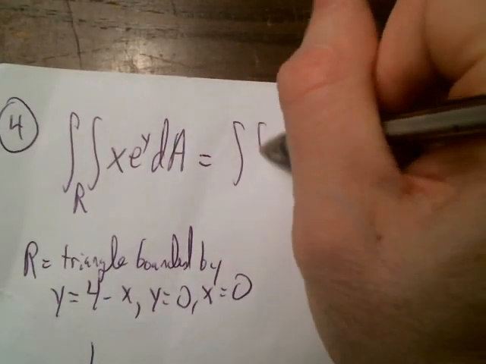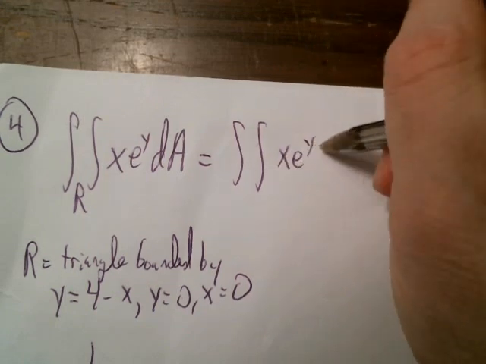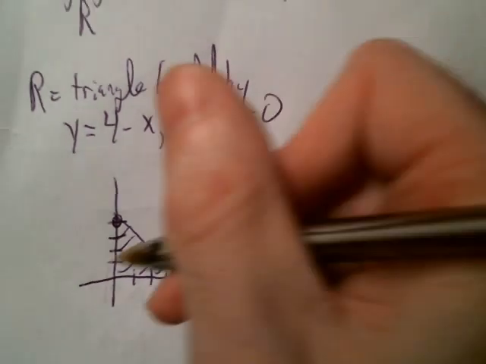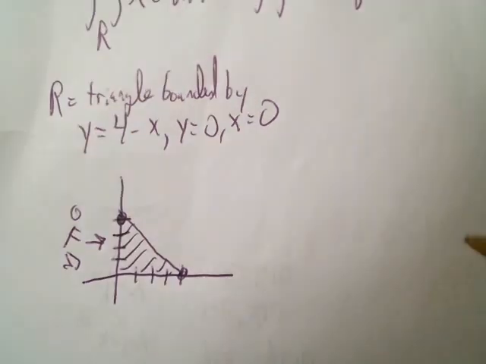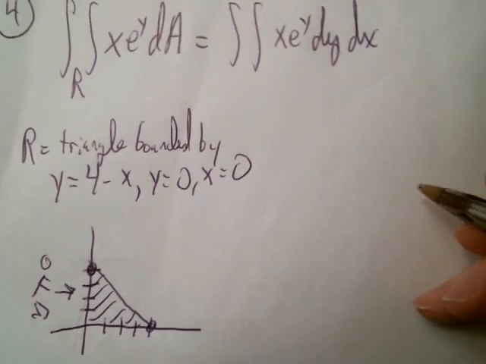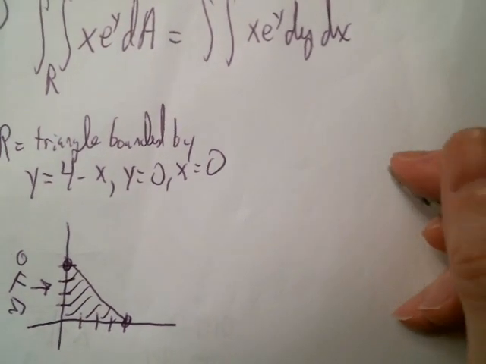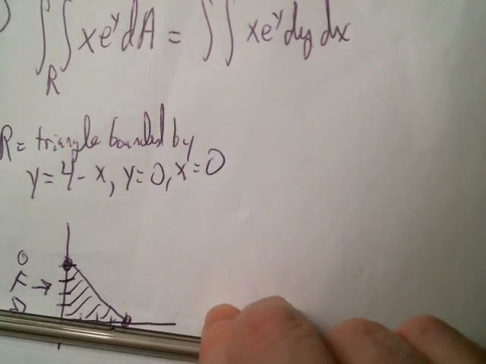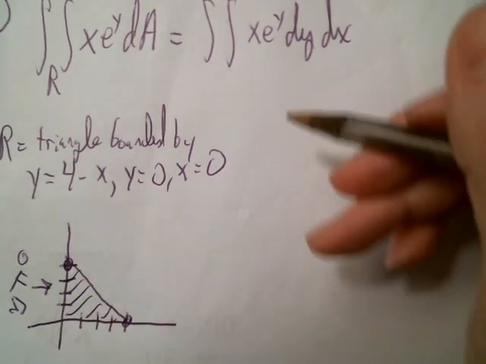Let's get the traditional ordering out of the way. That would be dy first and then dx. Okay, so in that case, our Riemann man is going in this direction. Okay. So we have curve to curve, y equals 0 to y equals 4 minus x.